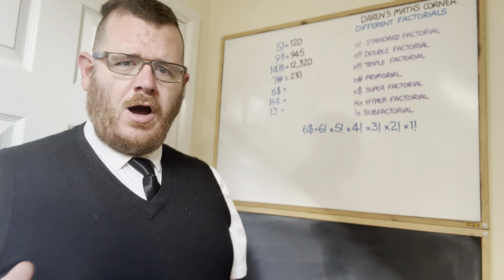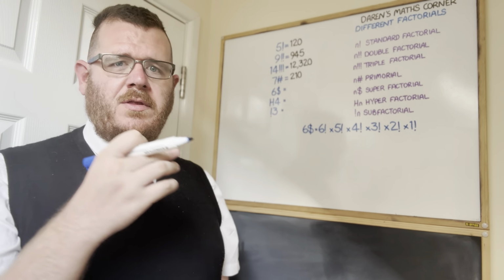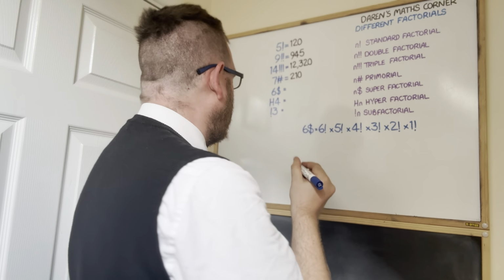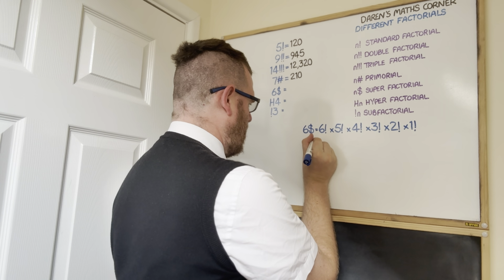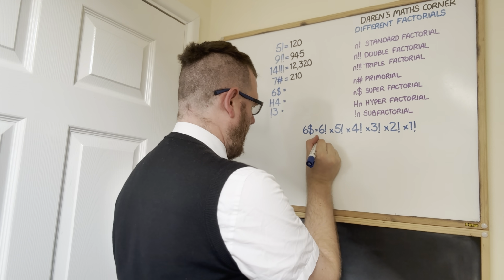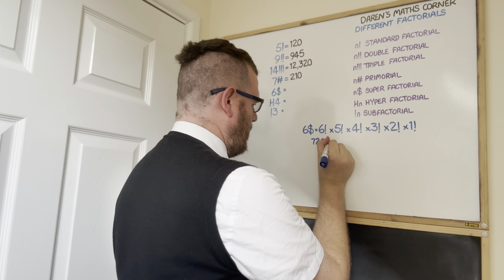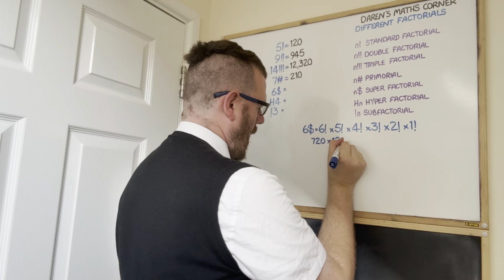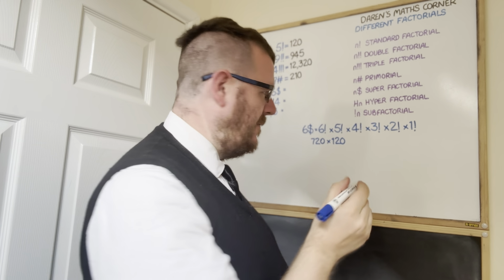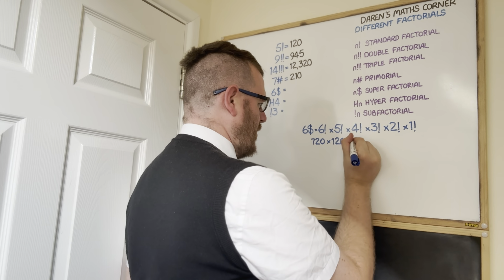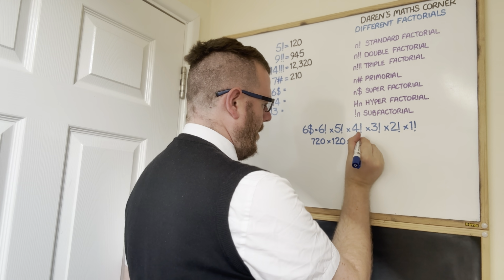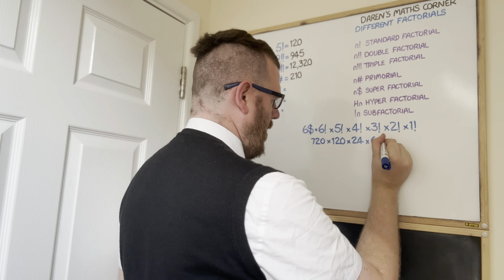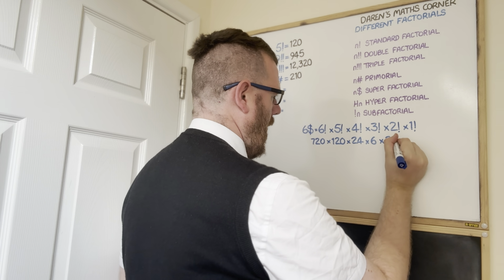So anyway, what we've got here is we're working out the factorials of each number. So 6 factorial is 720. This is where things get complicated really quickly. 120 is your 5 factorial, 4 factorial is 24, 3 factorial is 6, and obviously 2 and 1.